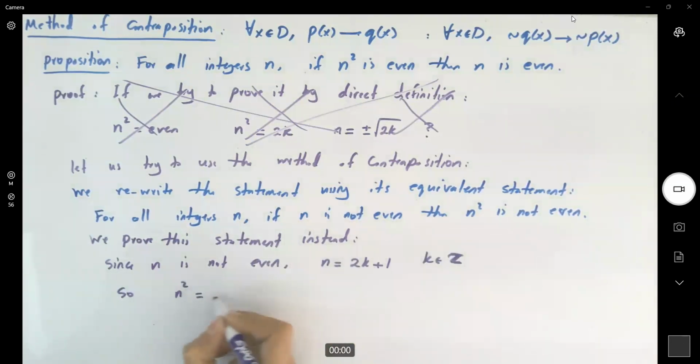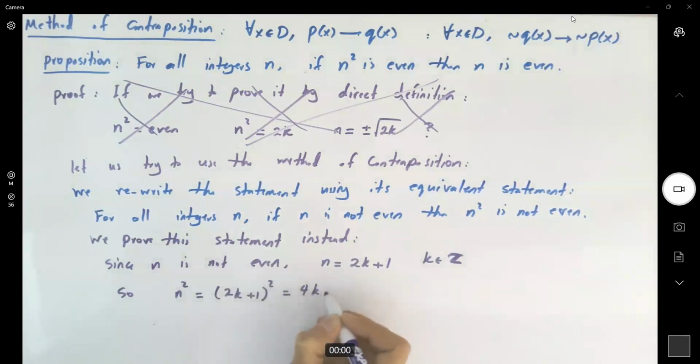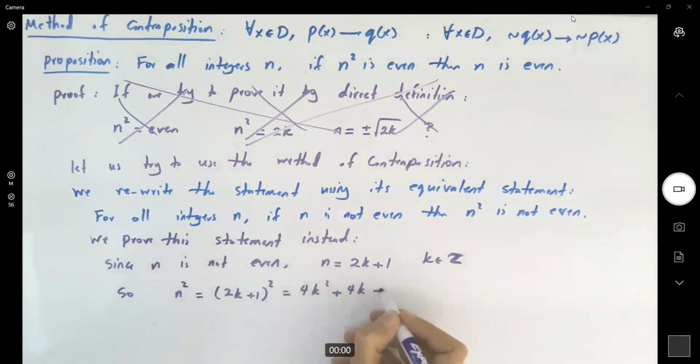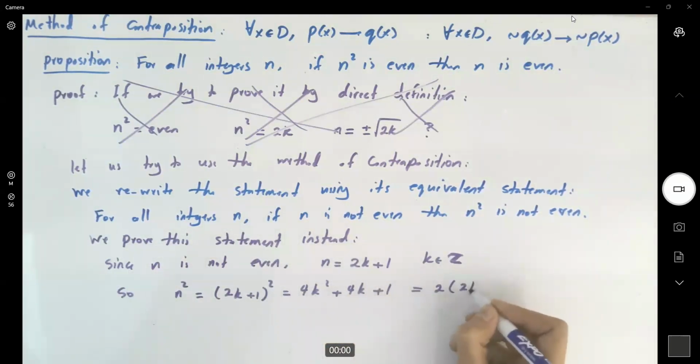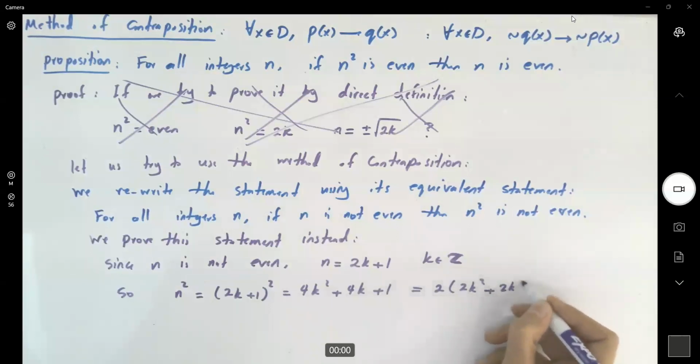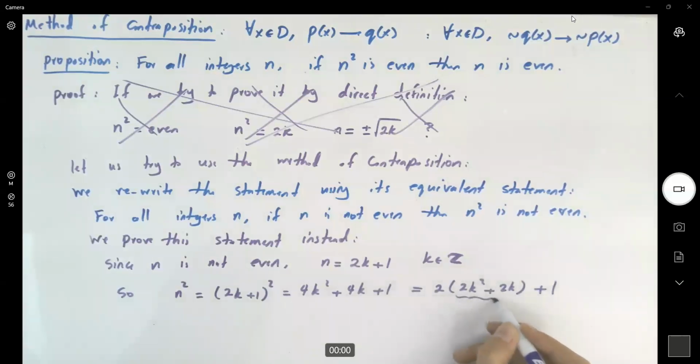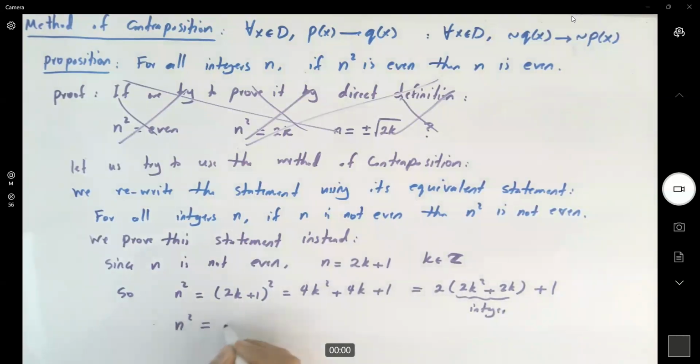So n squared is equal to (2k plus 1) squared, which is 4k squared plus 4k plus 1, or if you factor out 2, 2(2k squared plus 2k) plus 1, this guy in parentheses is another integer l. So n squared is equal to 2l plus 1.